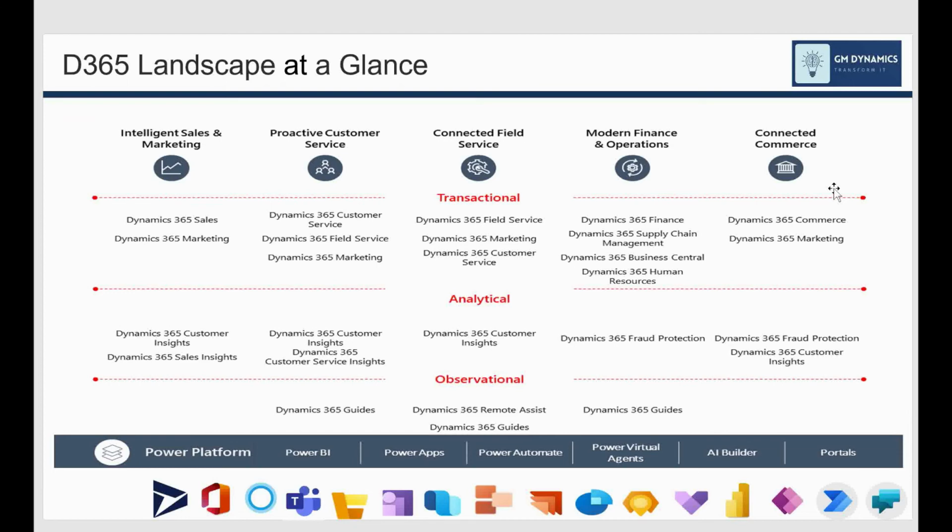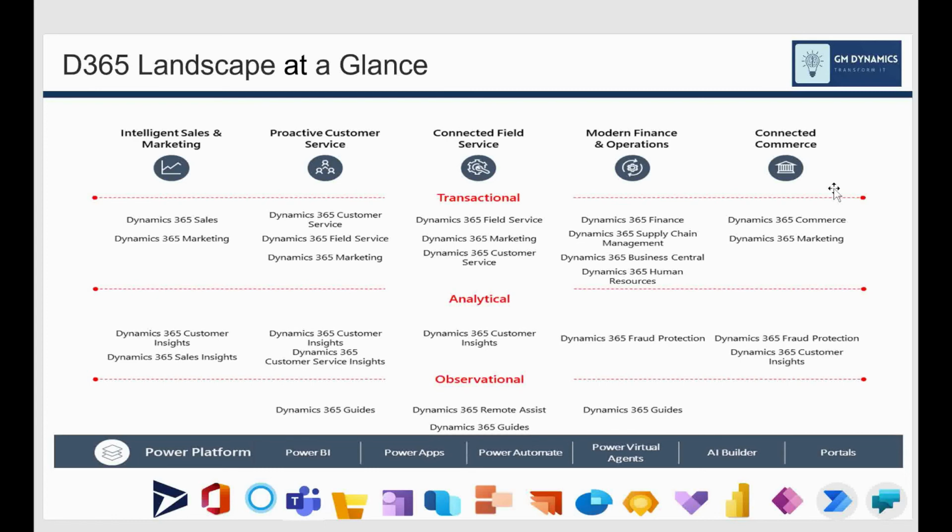Under intelligent sales and marketing, Dynamics 365 Sales and Dynamics 365 Marketing come. Then proactive customer service: Dynamics 365 Customer Service, Field Service, and Marketing also come under that. Then connected field service: under that are Dynamics 365 Field Service, marketing, and customer engagement.